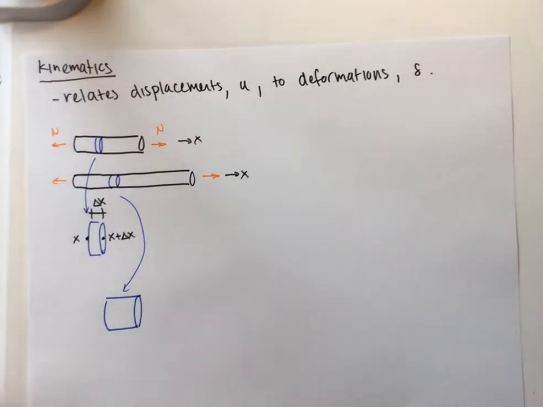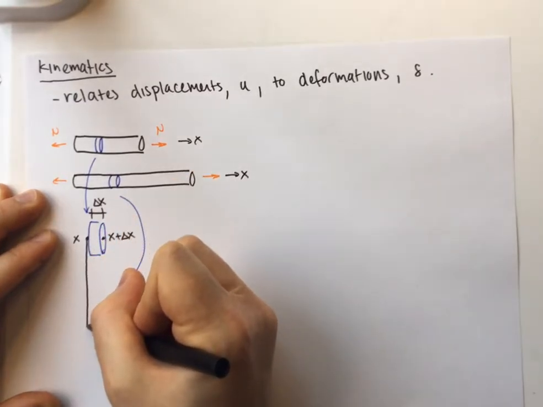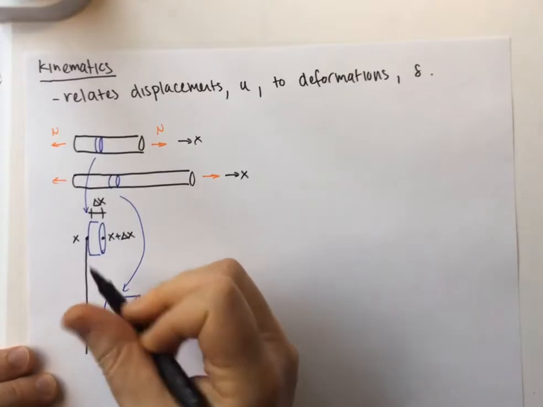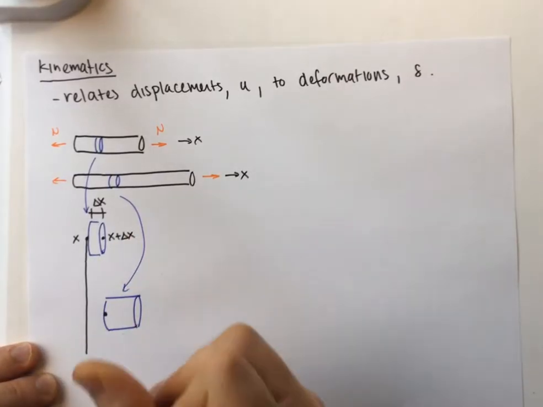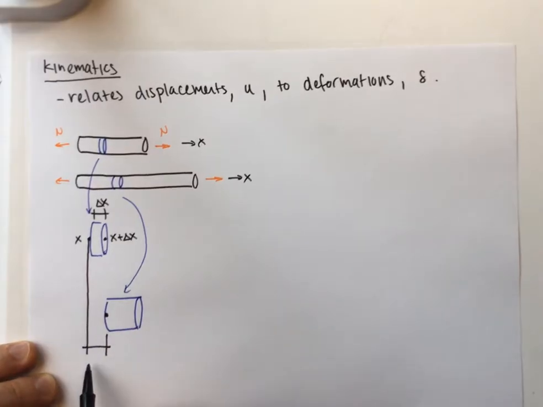Okay, so now we want to know what some of these quantities are. So from here to there, that's the distance that x has moved, right? So that would be u of x.